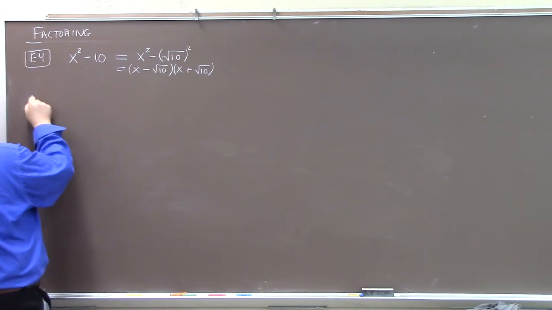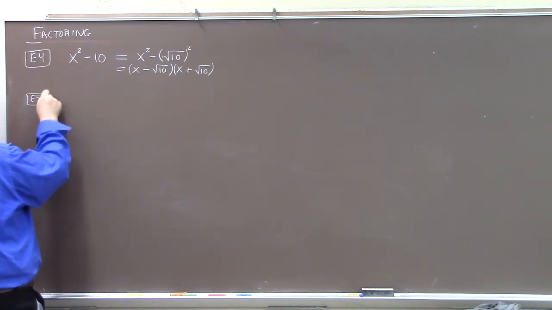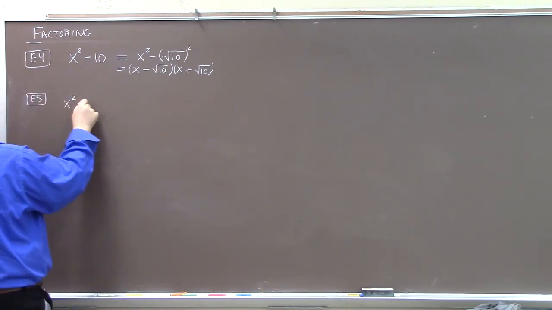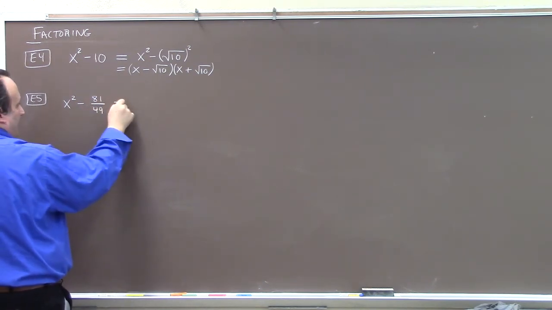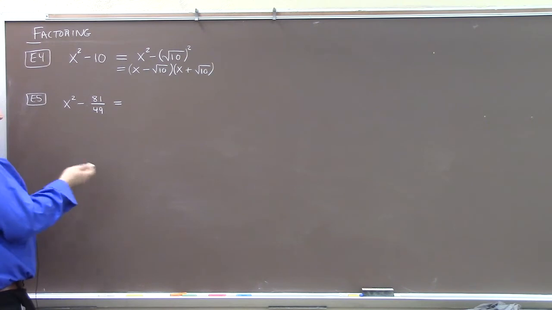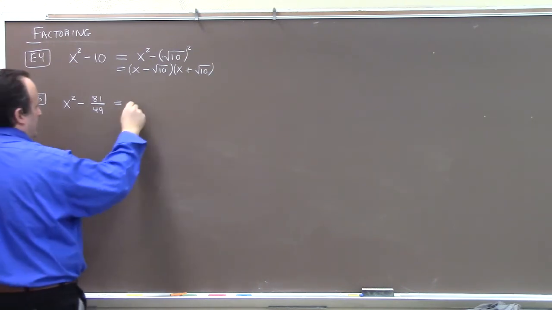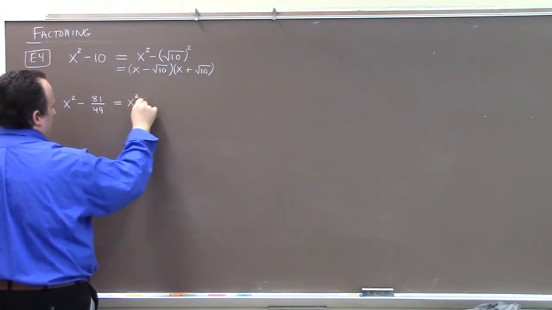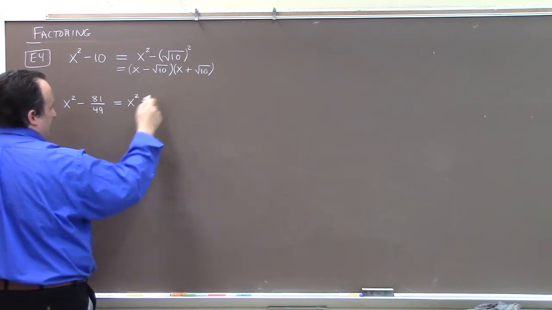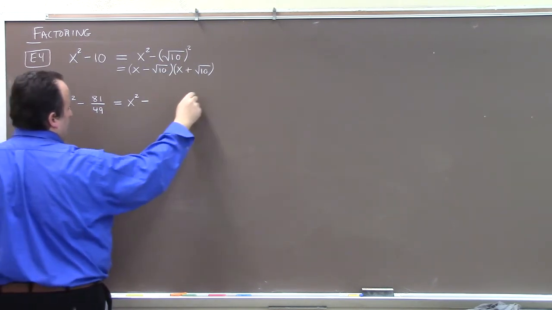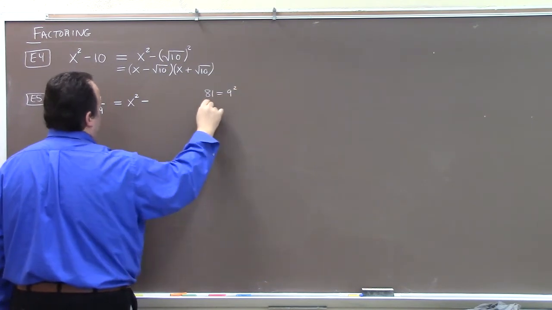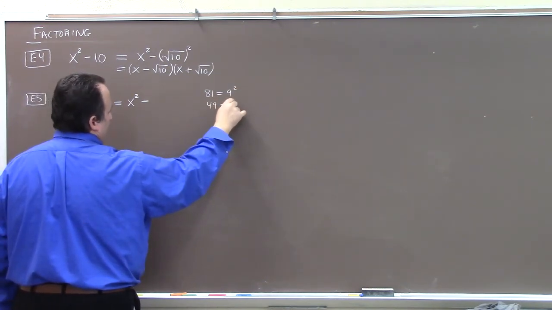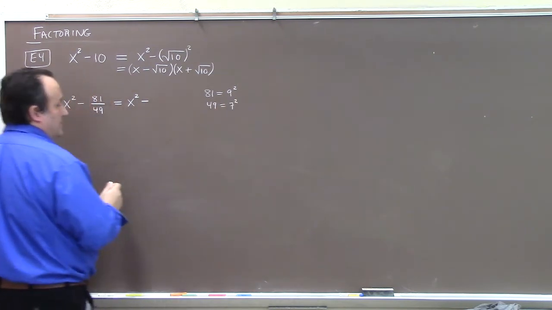Here's another one. x squared minus 81 over 49. So we have to look at, what is 81 over 49? Well, 81 is 9 squared, right? 49 is 7 squared, right?